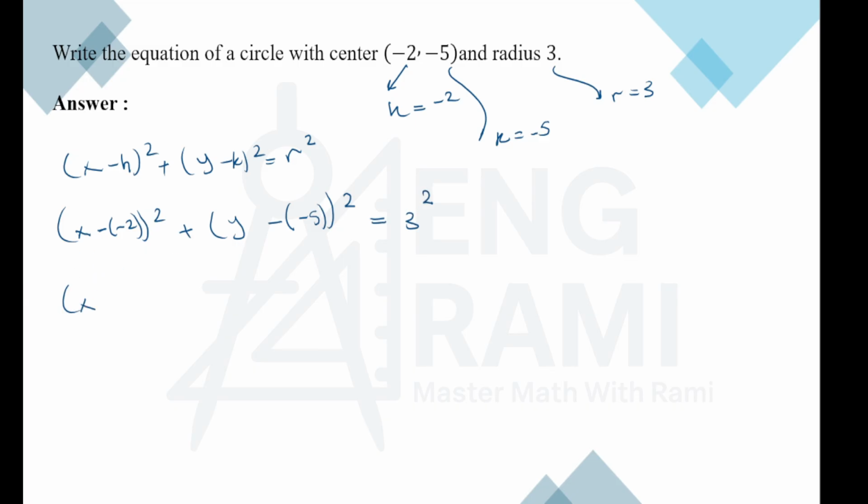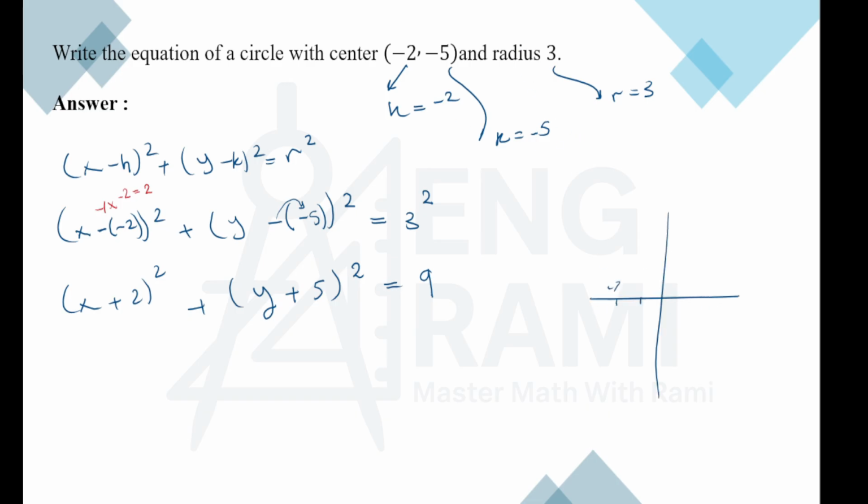From here, x plus 2 all squared, since negative 1 multiplied by negative 2 equals 2, plus y plus 5 squared equals 9. This is the equation of the circle with center at negative 2, negative 5 and radius 3.